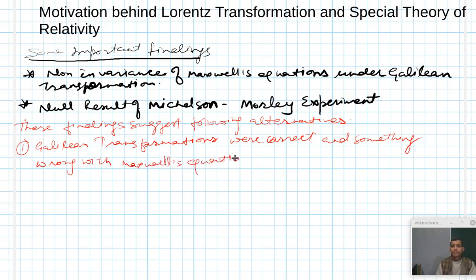There is one possibility that Maxwell equations may be wrong, but Galilean transformations were correct.